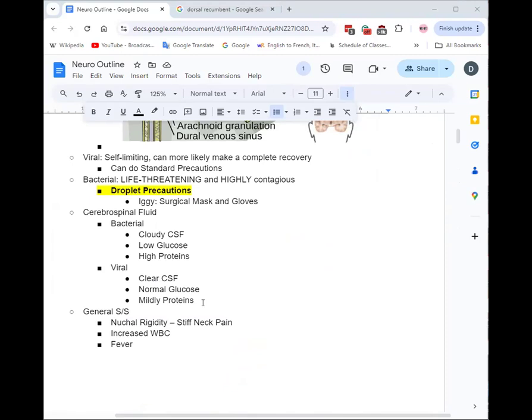I don't think it's super important to know, but a fun fact is that with bacterial meningitis, your antibiotics will actually make it worse initially, because the bacteria die and then release toxins that cause even more inflammation. I think the main pathophysiology is actually the bacteria dying that causes the inflammation.